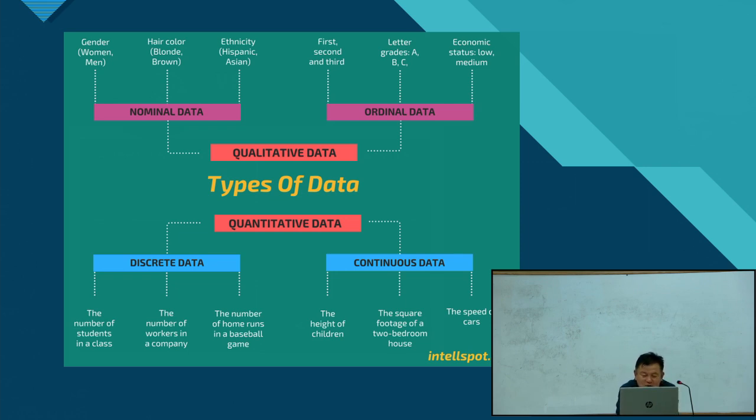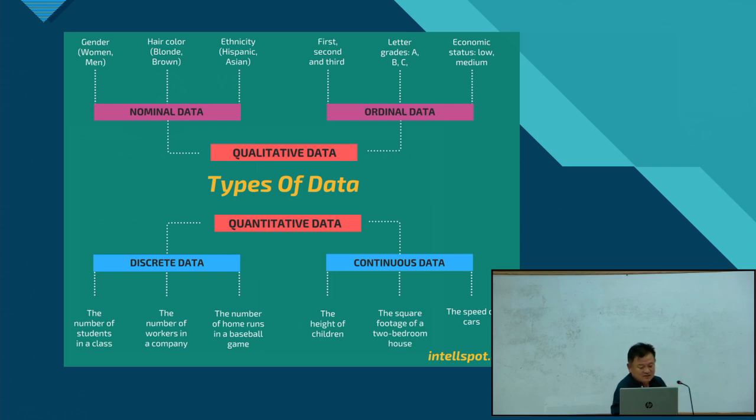This is the speed of cars. It is an example of continuous data. Also, the height or the weight of children: when you are 8 years old, how tall, and how much the weight, 8th grade, 9th grade, 10th grade. This is continuous data.